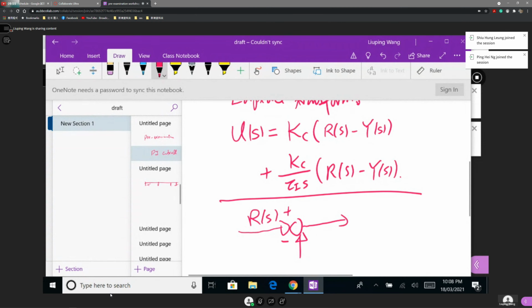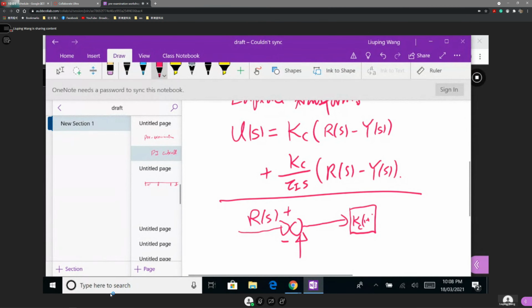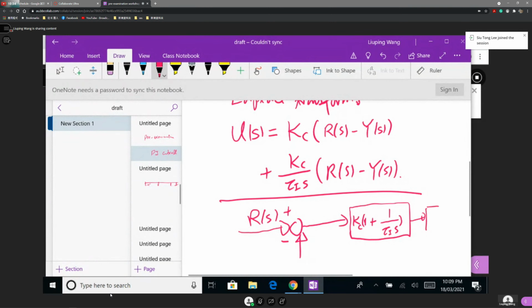You have kc times 1 plus 1 over tau I s, then the output y of s, and feedback here.